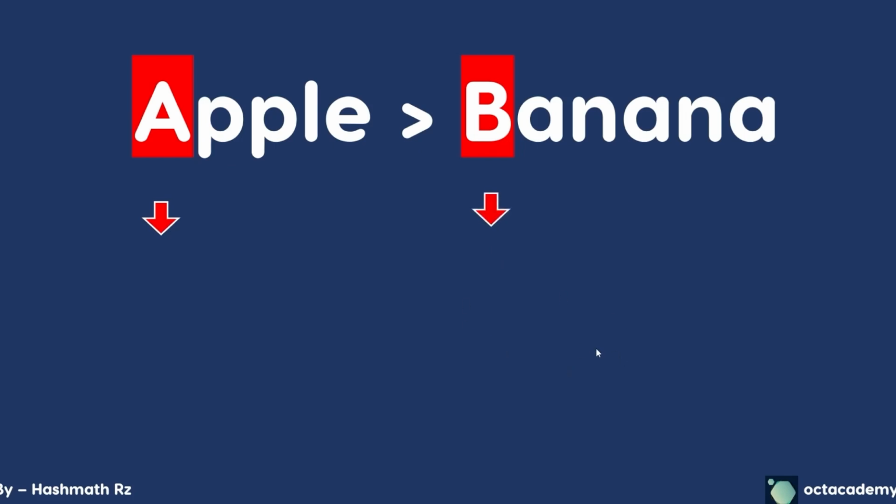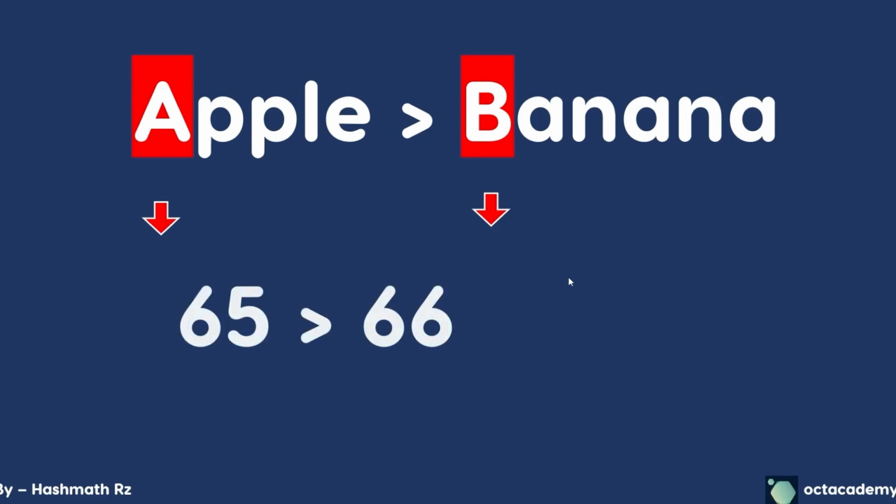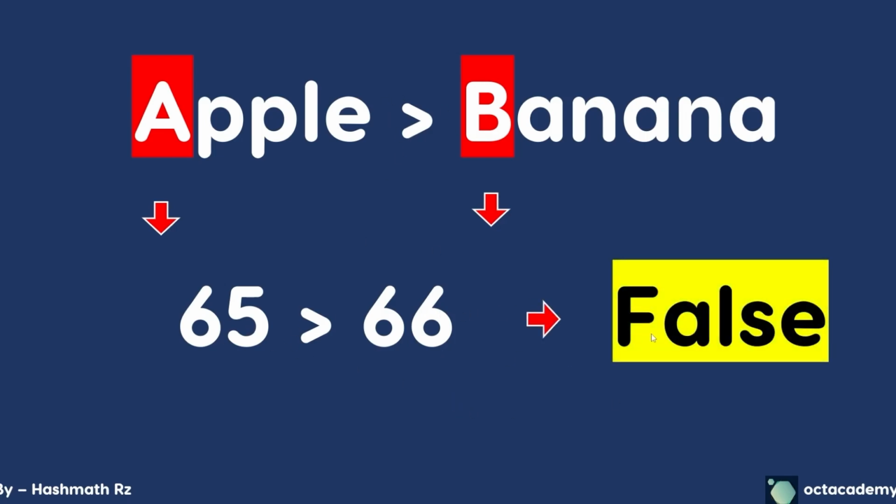As an example, it will compare the Unicode value of A from the Apple string with the Unicode value of capital B from the Banana string. The capital A Unicode is 65 and the capital B Unicode value is 66. We are performing the greater than comparison, so this will return false because 65 is not greater than 66, right?